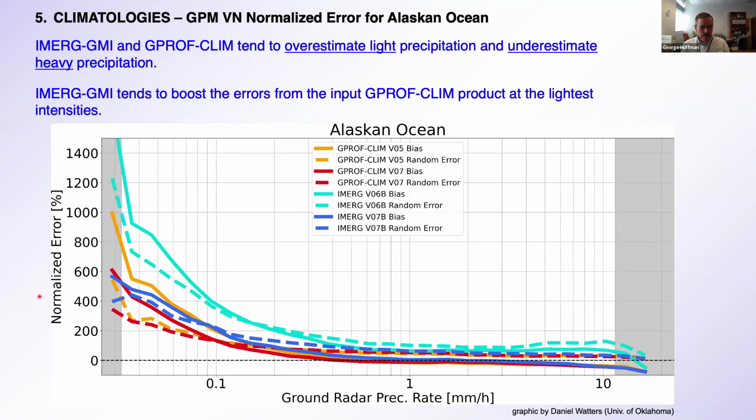It's partly built in the fact that you can't have negative precipitation. So when you get to these low rates, the wrong positive values can't be offset by wrong negative values. You only have the positive values. But there's also an issue at the low end, the indeterminacy of, the satellites lose skill. And so you end up with a higher fractional error.